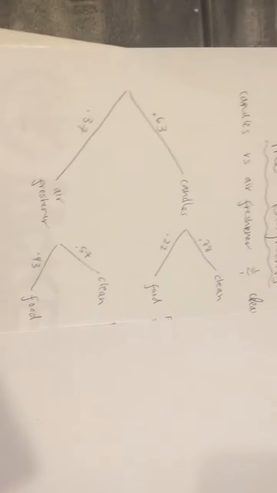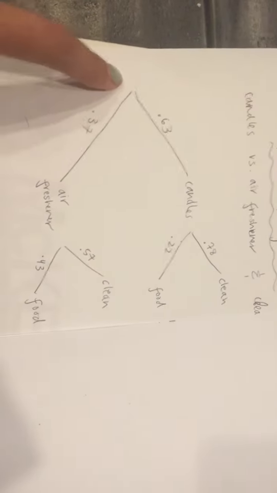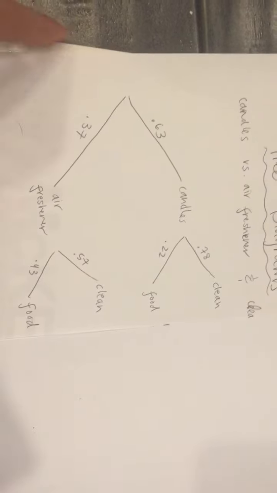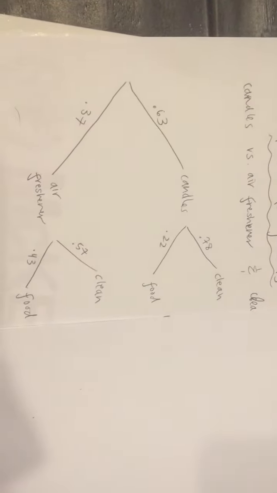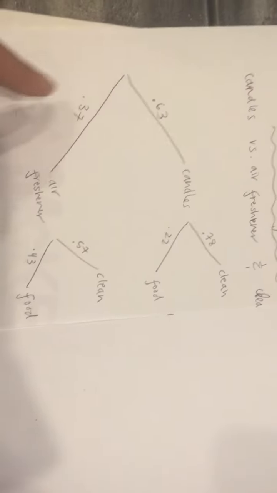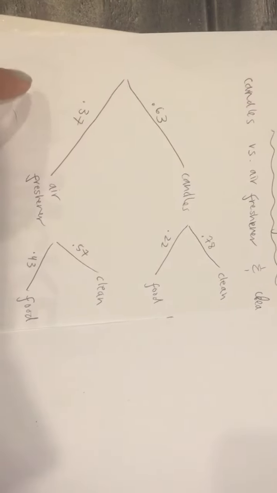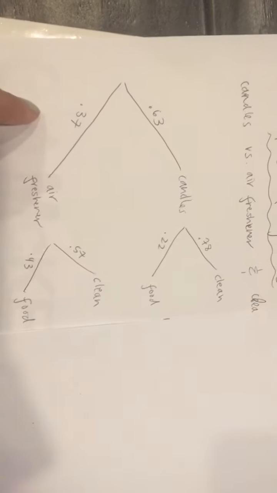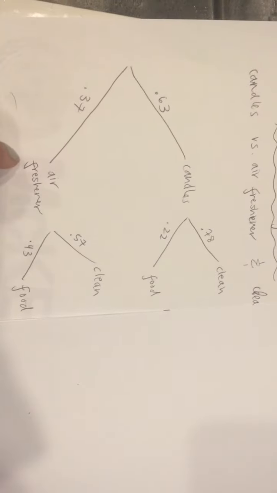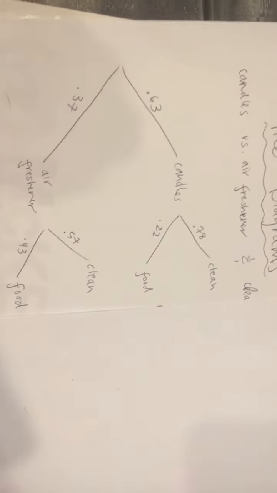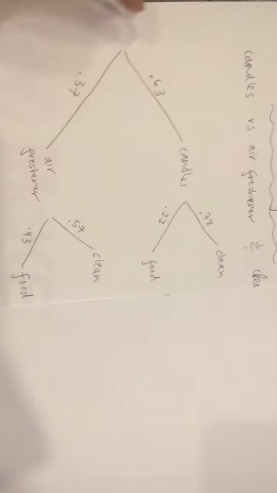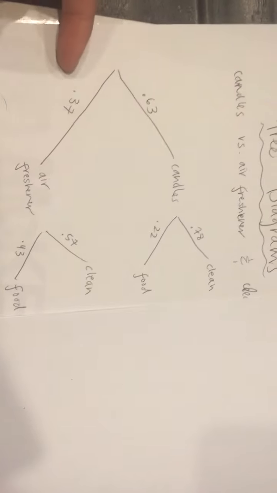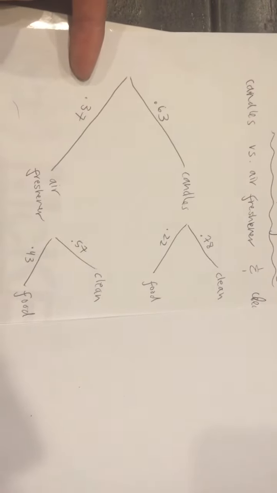Alright, so you start at the beginning. There are two arrows that can go either way. There's a 0.63 chance that people will use candles, or 0.37 of them like to use air fresheners. It's important to note that any time you have two arrows coming out, adding them together, you should always get a sum of 1.